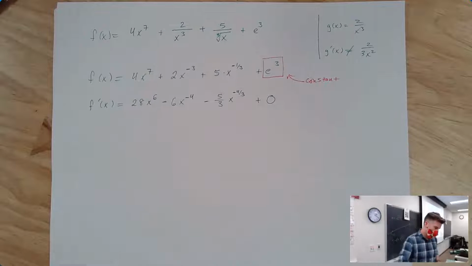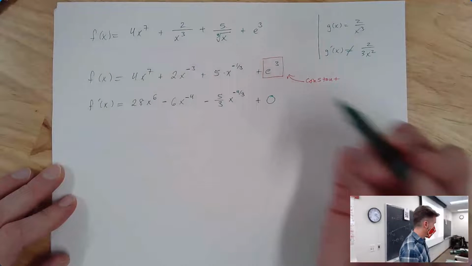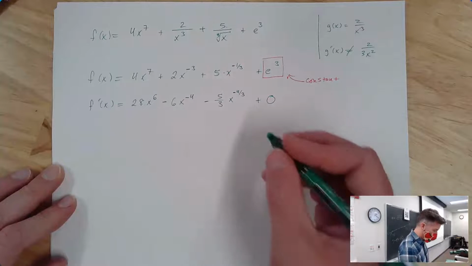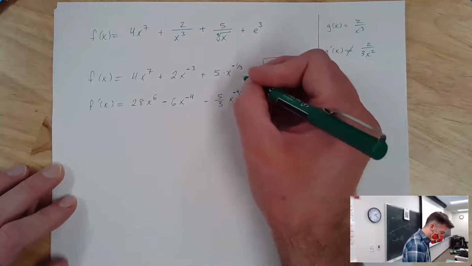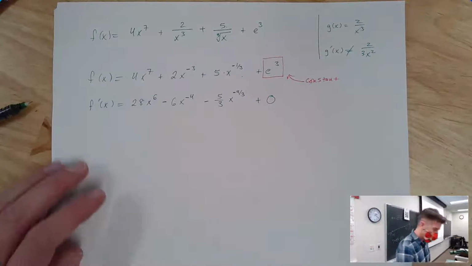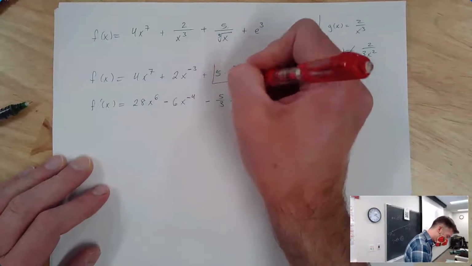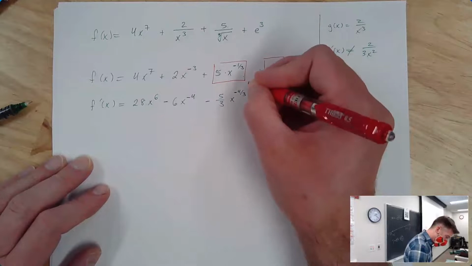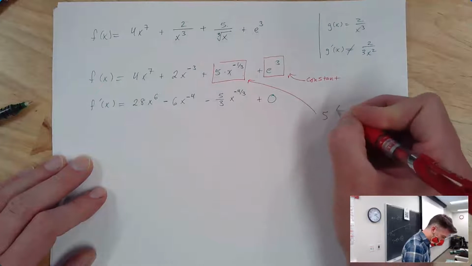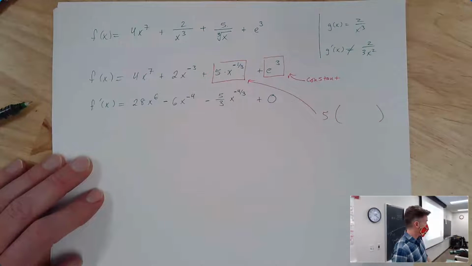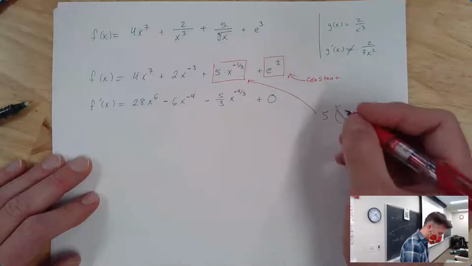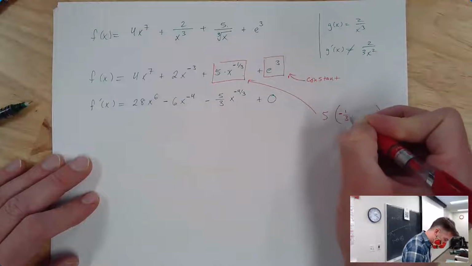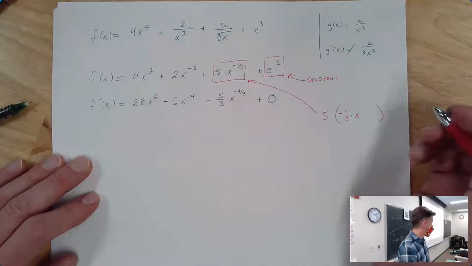Sure. So like how I got from here to here, or how I took its derivative. So what I'm really doing for the derivative of that is 5 times the derivative of x to the negative 1/3. And the derivative of x to a power is that power times x to the 1 less power.